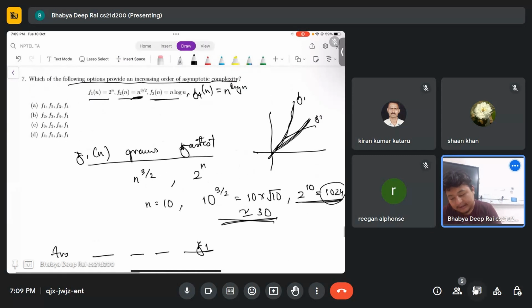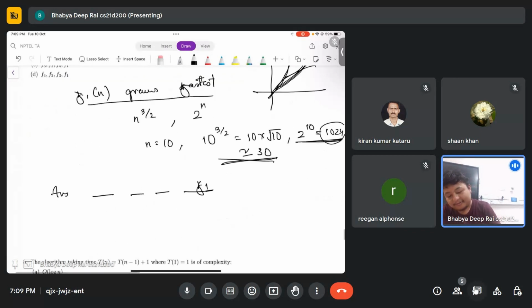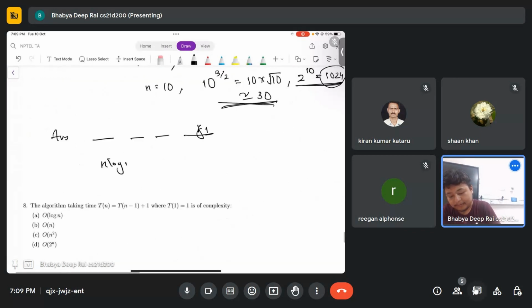Then let's look at n log n and n to the 3 by 2. Which grows faster? Now n to the 3 by 2 is nothing but n times root n.